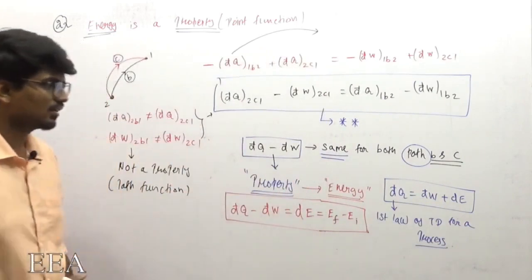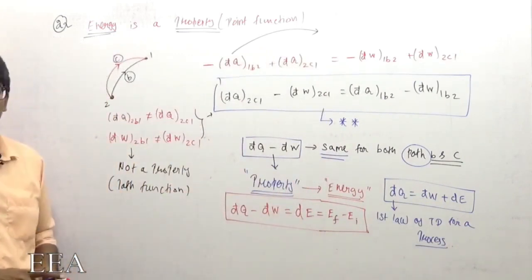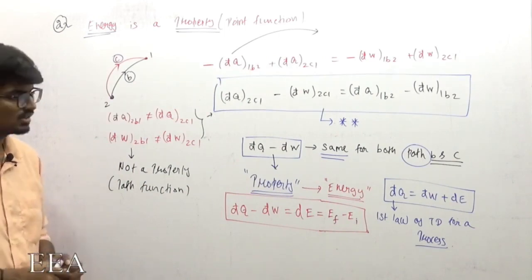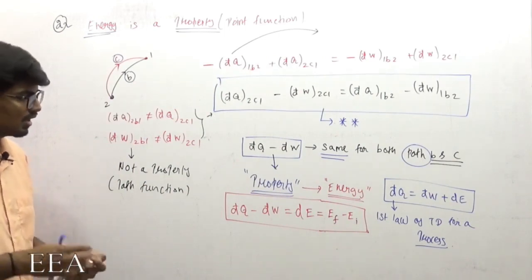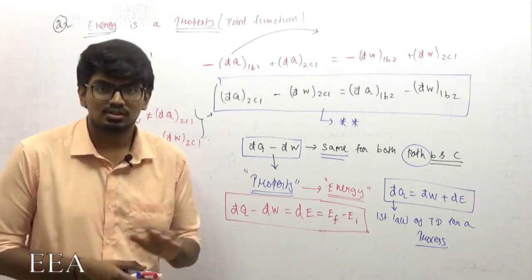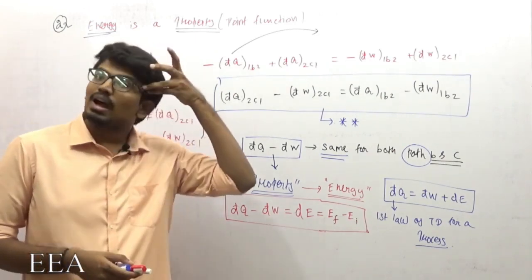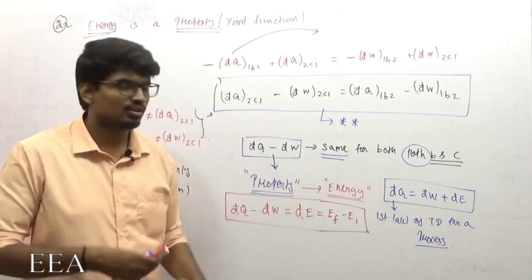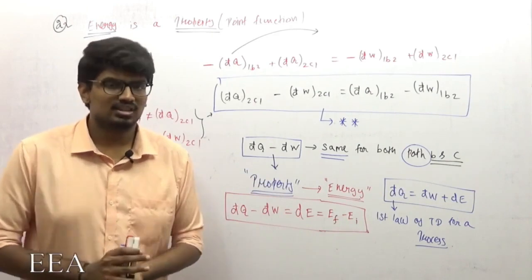Of course, we are taking a closed system. Is it necessary for the process to be reversible? No, because until now I didn't take any assumption, which means this can be applied to both reversible and irreversible processes.